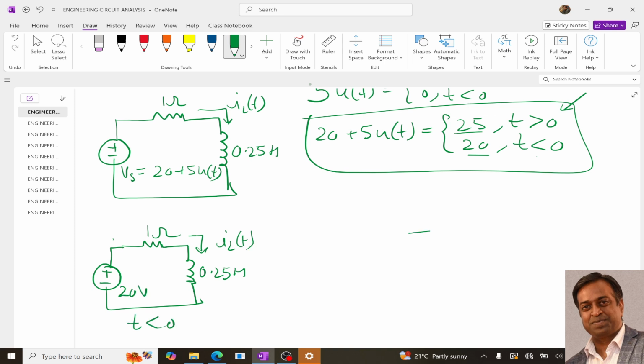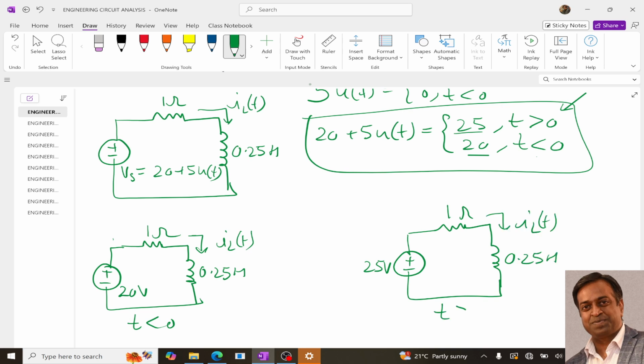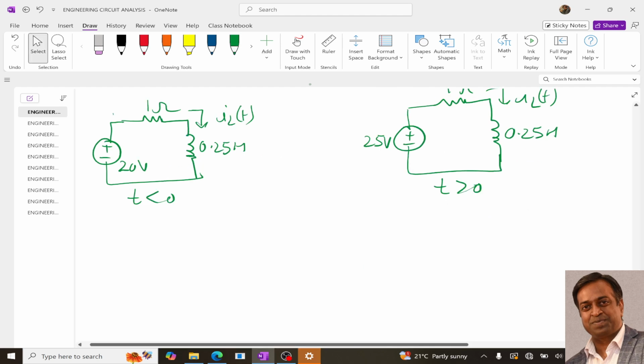And the other circuit will be this: 25 volt, 1 ohm, and 0.25 H, and this is IL(t), and this is for t greater than 0. So now from these two circuits we can determine the power. Before determining the power, we need to determine IL(t) for both of these circuits.